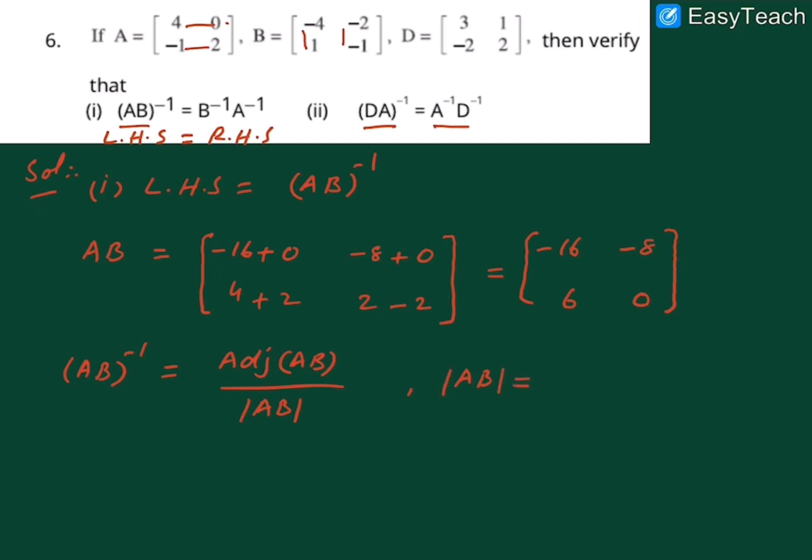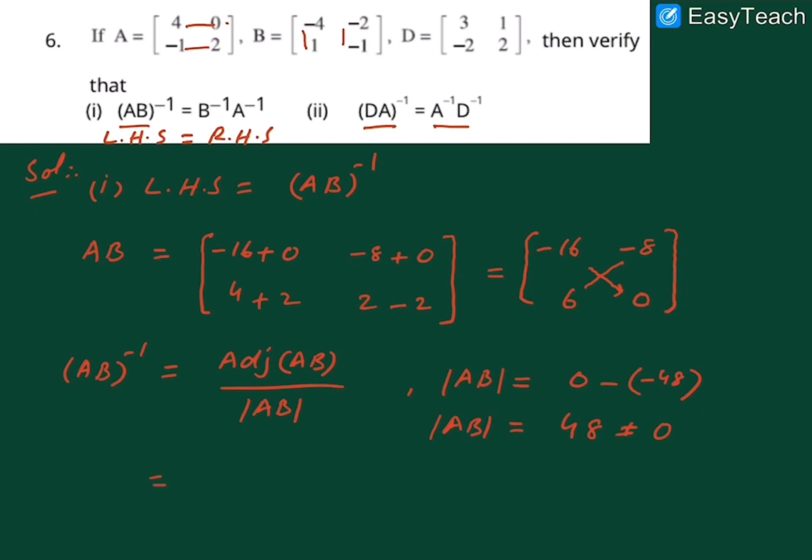The AB determinant is equal to, multiply minus 16 with 0, you will get 0. Minus always, so 8 times 6 is 48, negative 48. So this will become plus 48. So this is our AB mod, which is not equal to 0. So AB is non-singular. Its inverse is possible.